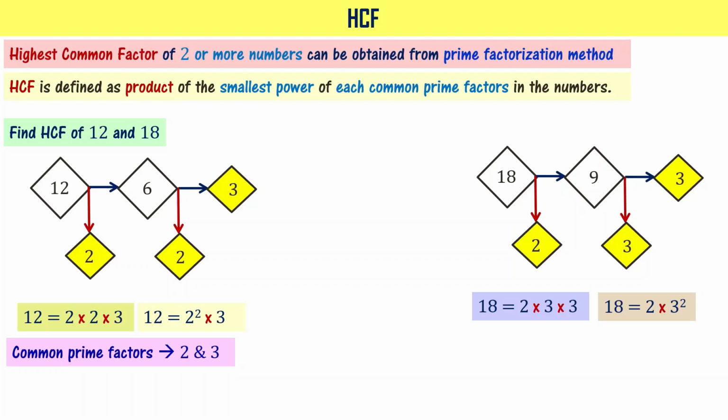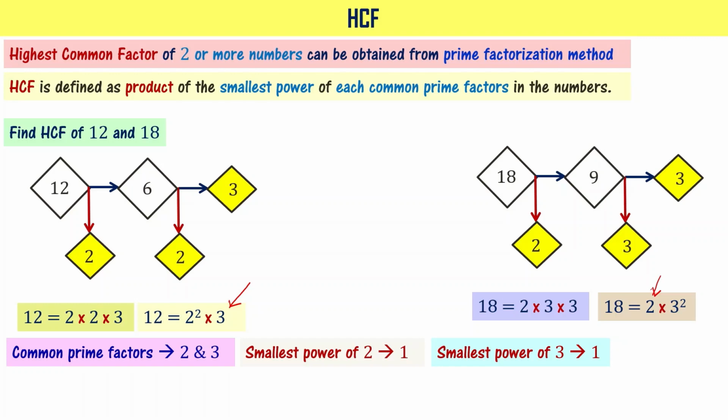So we have to see the smallest powers now. The smallest power of 2 is 1. That is part of your 18, right? Similarly, the smallest power of 3 is part of your number 12. So their powers are 1 and 1, right?